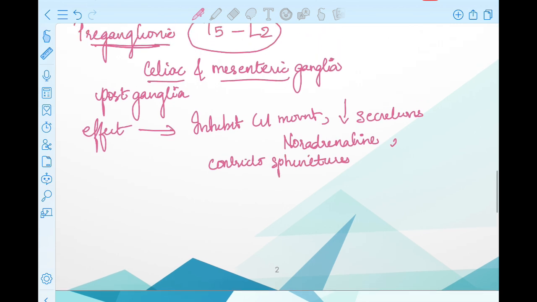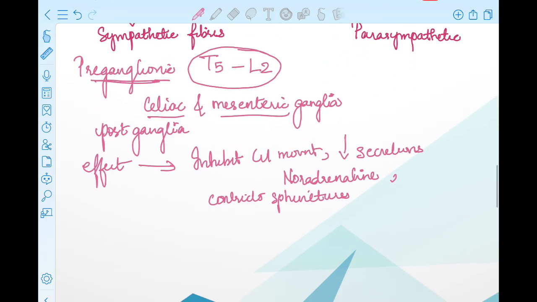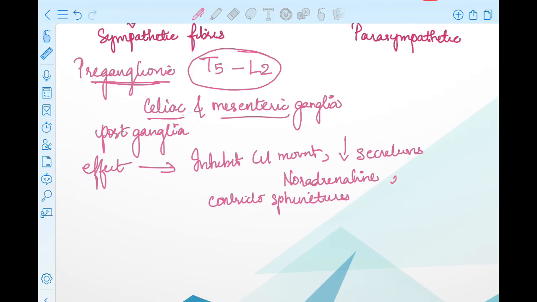So, what are the effects of the sympathetic fibers? The preganglionic fibers end at the celiac and mesenteric ganglia, and the postganglionic fibers show these effects: they inhibit the GI movement, reduce the secretions because of this noradrenaline, and constrict the sphincters. Altogether, the sympathetic system has an inhibitory action on the GI tract.